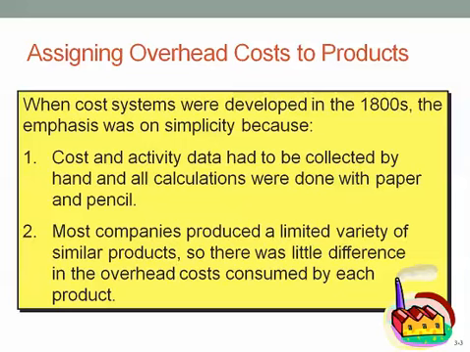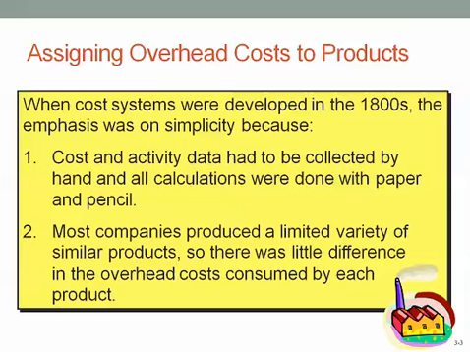Second, back in the early 1900s, late 1800s, most companies produced a limited variety of very similar products. So it didn't really matter too much how we allocated overhead. For example, if we only have one product, it doesn't matter if we allocate overhead on the basis of machine hours, direct labor hours, or any other allocation base. That one product will be assigned all of our overhead cost.